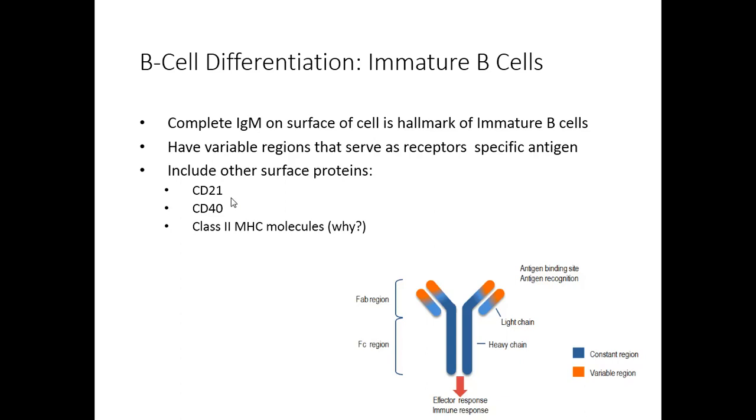It's going to facilitate that contact. And then CD40 and the class 2 MHCs, we're going to see in just a few minutes, are going to be important in the interaction and binding of B cells with T cells, when they've both come in contact with the same antigen. And how are those T helper cells going to help the B cells start to produce antibodies? How are they going to develop into plasma cells?